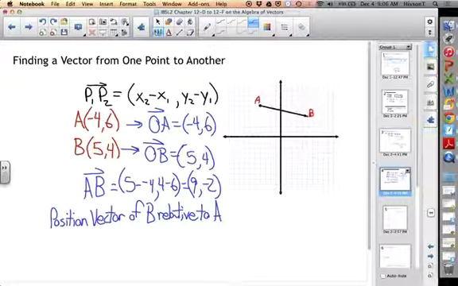Where do we have to go to get from A to B? We have to go down 2, so that's a vertical component of -2, and to the right 9, so that's a horizontal component of +9. So we don't even need to do everything from the top. You don't have to have this.